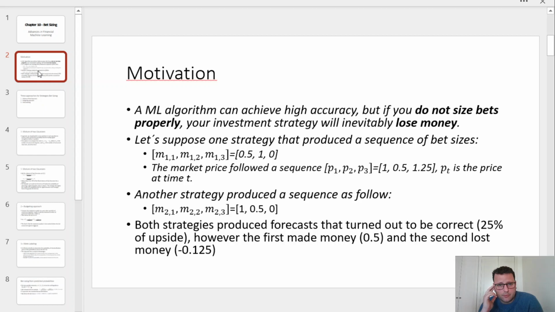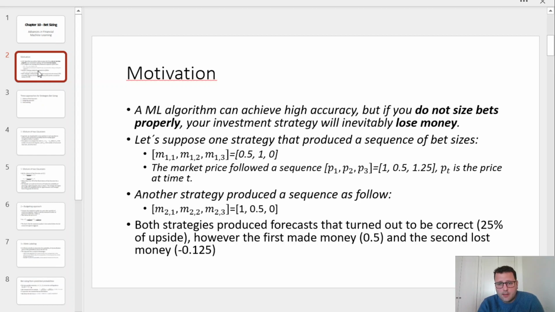We suppose here that one strategy produces a sequence of bet sizes, like m1, m2 and m3, of 0.5, 1, and 0. And the market price follows a sequence of prices like 1, 0.5, and 1.25. These are the prices at time t.